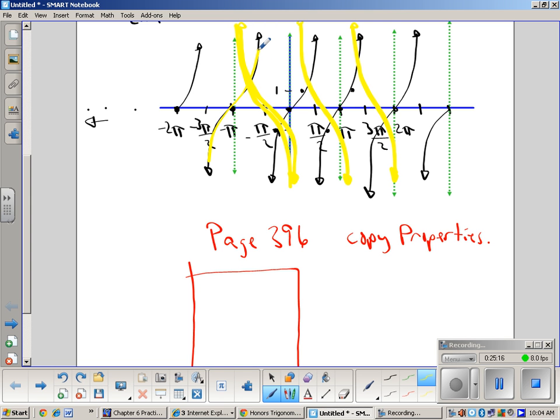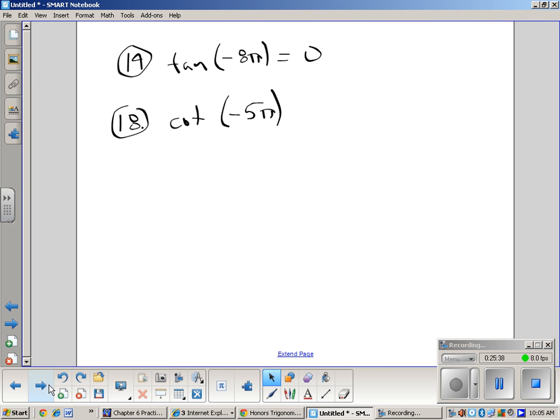But also, because we flip that over, it changes the asymptotes. And so instead of being at pi over 2, they're at pi, 2 pi, 3 pi, negative pi, negative 2 pi, negative 3 pi, all the way out to negative 5 pi, and so on, okay? And so it is undefined. So this is equal to undefined.